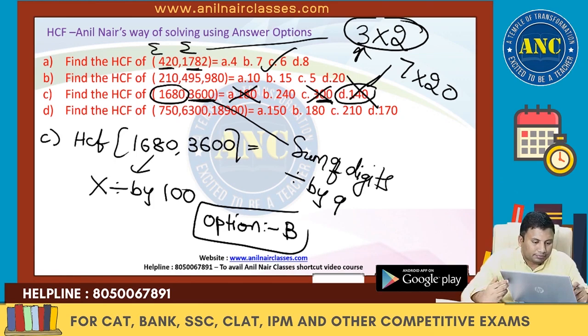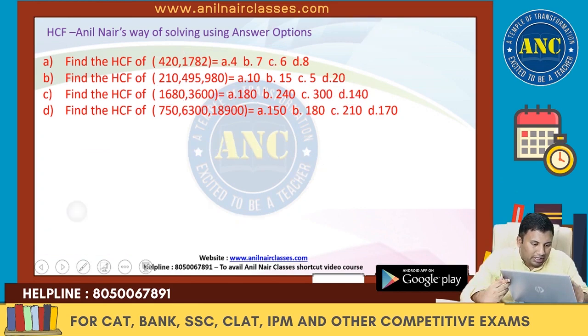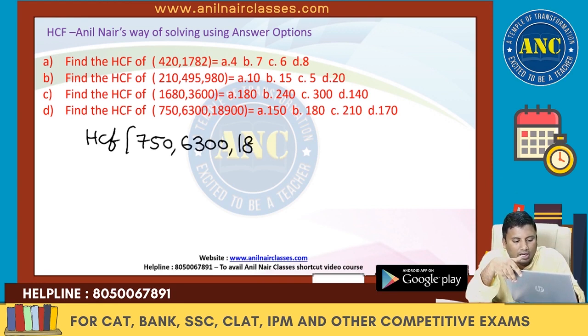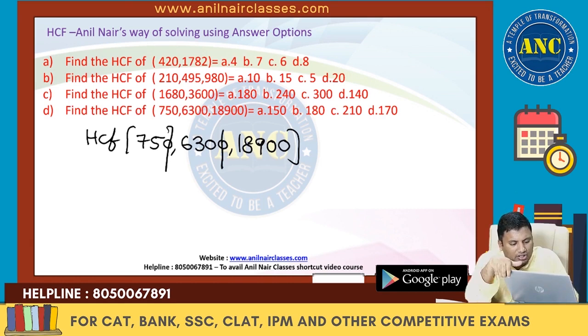Next one. Option D. HCF of 750, 6,300 and 18,900. What I will do is, I want a very simplified calculation. So I will delete one 0 in all the question and answers.